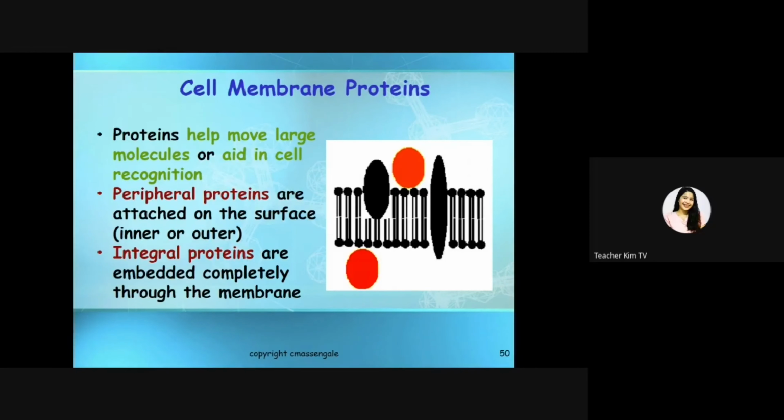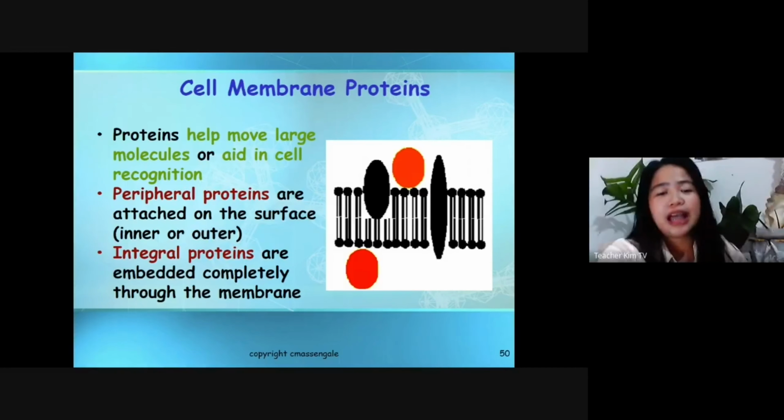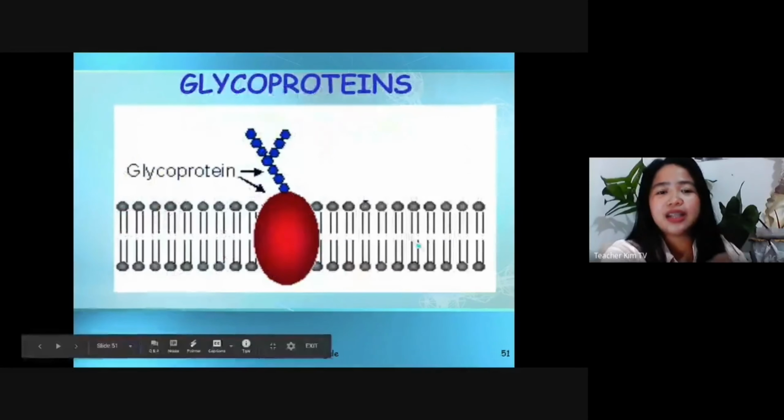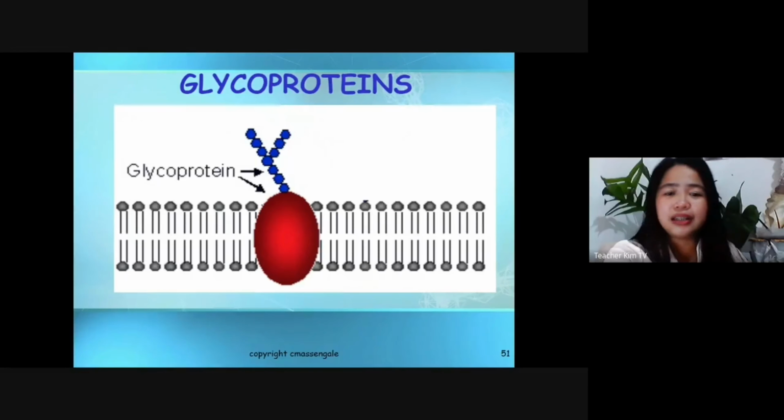So, one type of protein is the peripheral proteins, which are attached on the surface, and the integral proteins that are embedded completely through the membrane. And may inner or outer. As you can see here in the illustration, this is an example of a glycoprotein. We call this a glycoprotein because it has the protein and the carbohydrates.